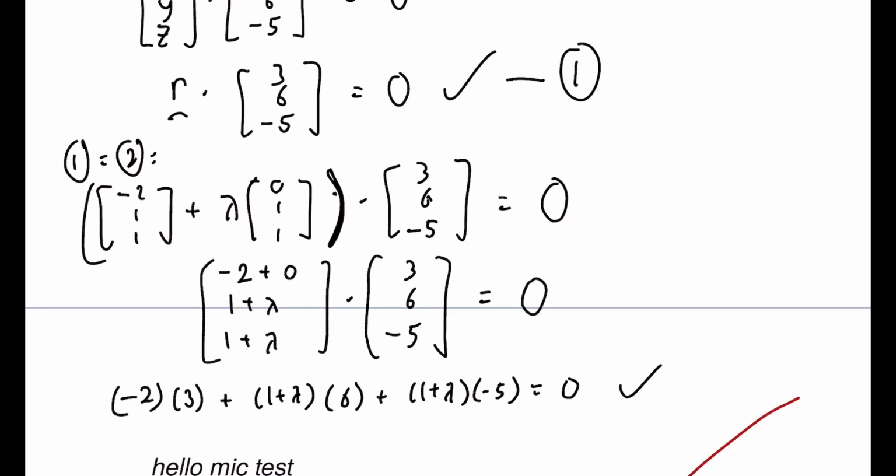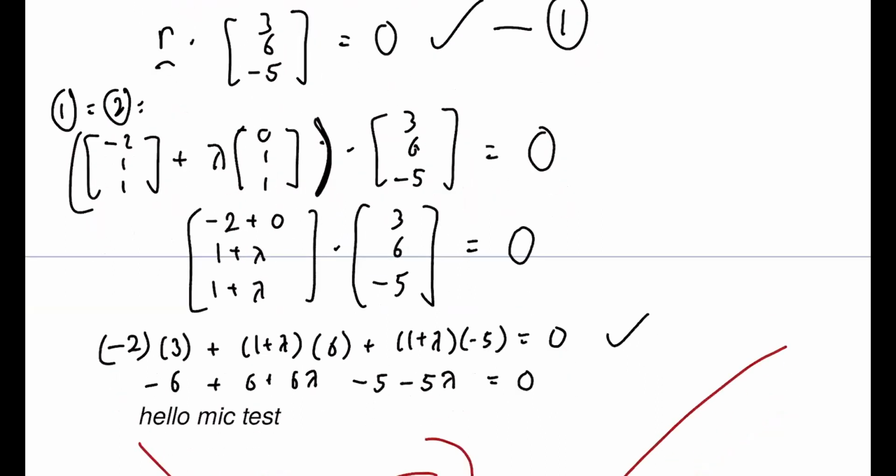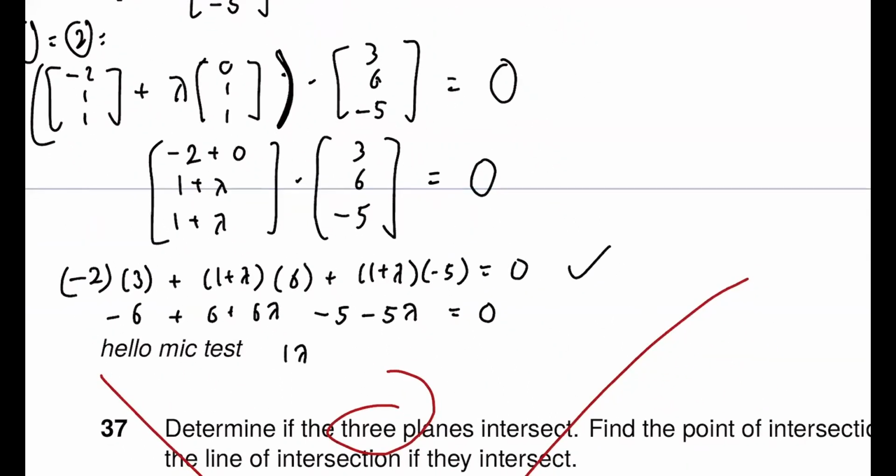You get negative 6 plus 6 plus 6 lambda minus 5 minus 5 lambda equals 0. Here I realize 6 minus 5 becomes 1 lambda. Then minus 6 plus 6 cancel. You're left with minus 5. Bring the minus 5 over, get a positive 5. That's my answer.